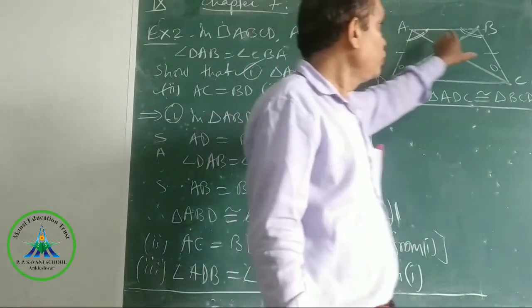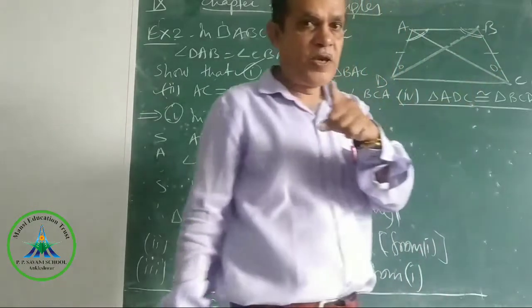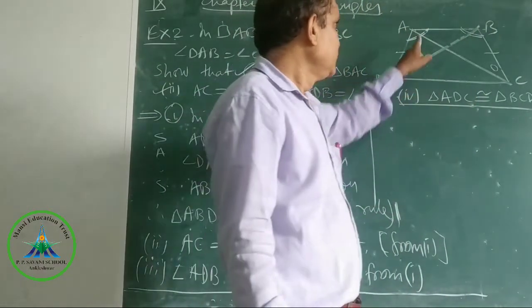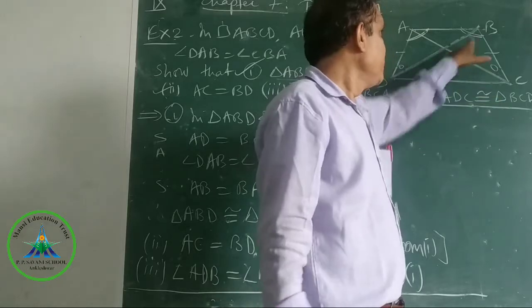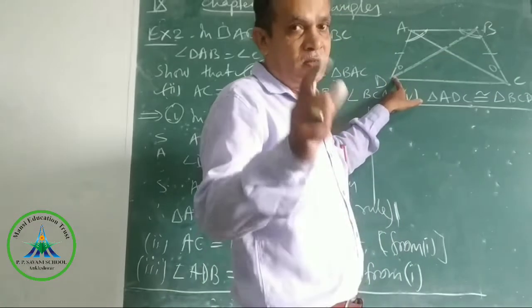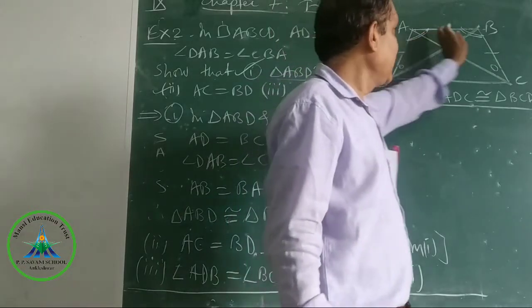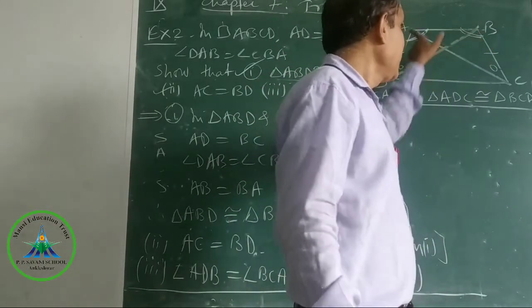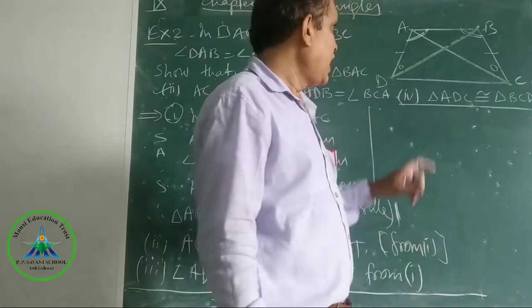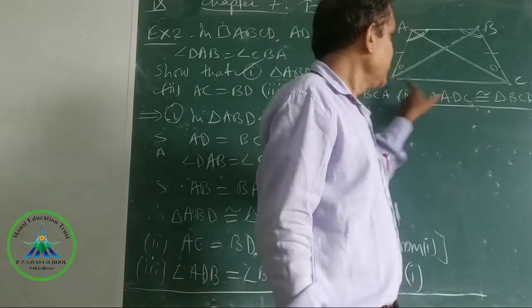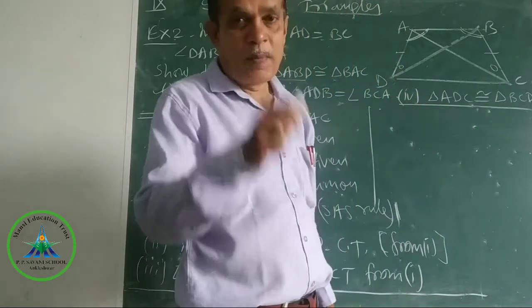AD equal to BC, given. AC equal to BD, corresponding parts of congruent triangles. And BC equal to CD, common.